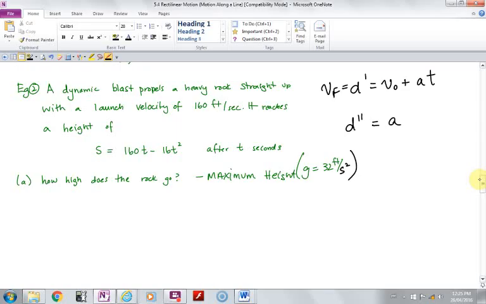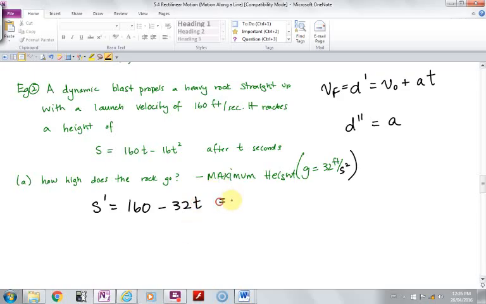Take the derivative. What's the derivative going to tell me? It's going to tell me slope. And what kind of slope am I looking for at the height of this rock? Zero slope. Good. Okay, because at the top, when the rock goes up, the velocity is going to be 0. So I'm going to find the velocity by taking the first derivative. Right?